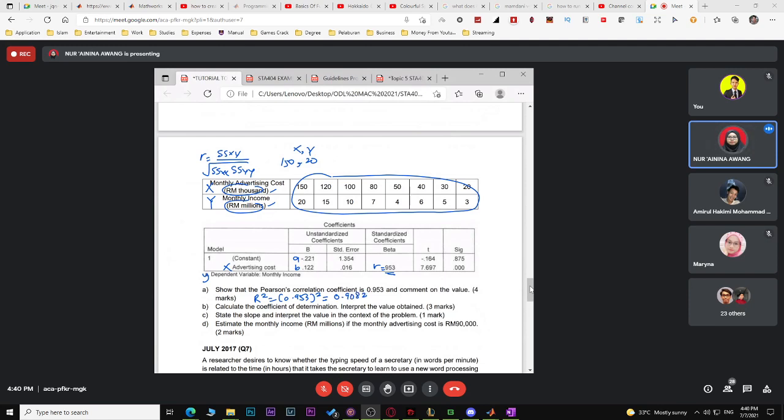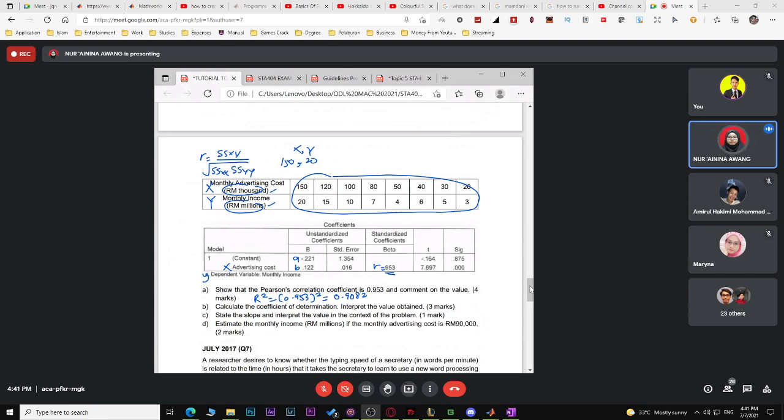Okay, and then the question asks you to interpret. So kita kata 90.82% of the total variation in Y. So your Y is monthly income. Okay, is explained by the variation of monthly advertising cost, and another 9.18% is explained by other variable. Okay, so itu adalah untuk B.